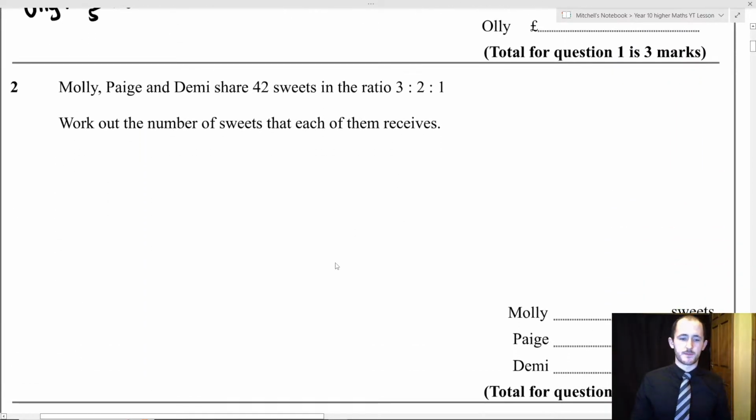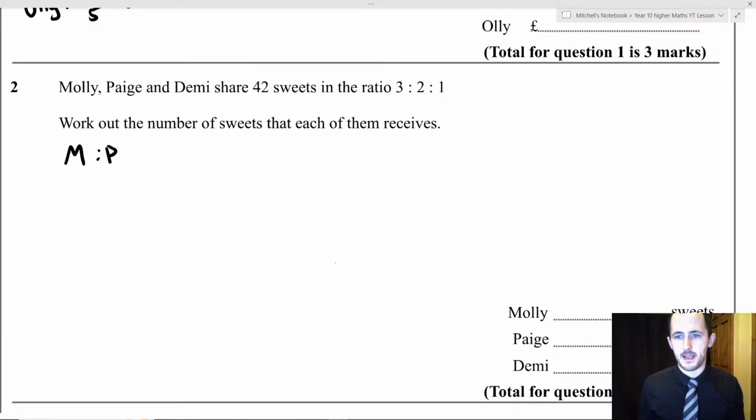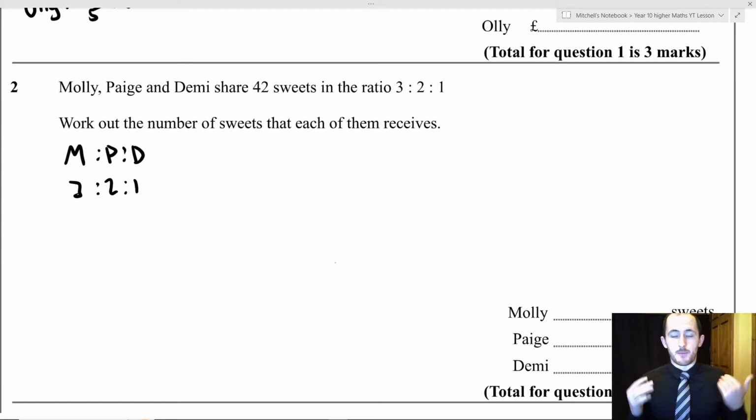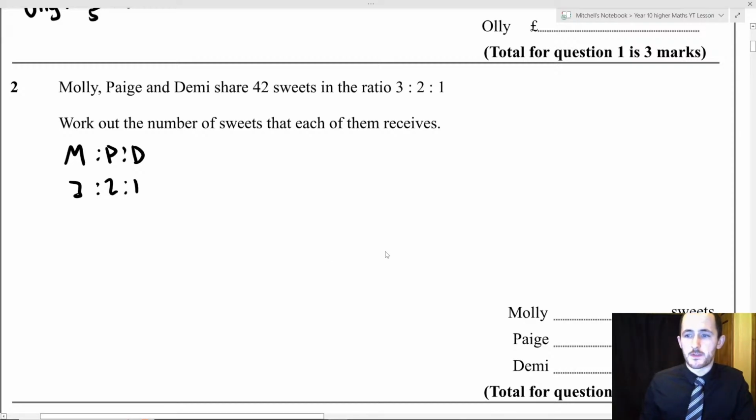So again, slightly more difficult. You have a 3-way ratio. Molly to Paige to Demi is 3 to 2 to 1. But it's no more difficult, okay? It's just longer, right? So work out the number of sweets each of them gets. So they have 42 sweets. If I do the ratio method, if we work out Molly, the number we're interested in is the number 3.